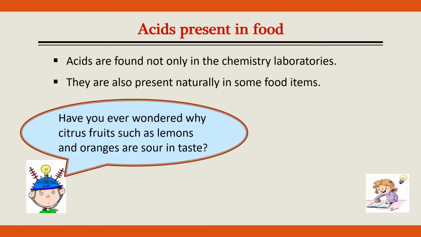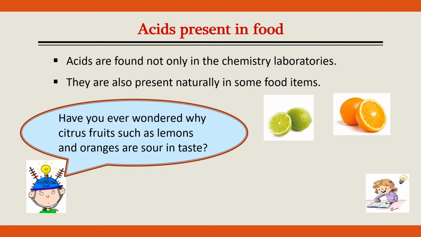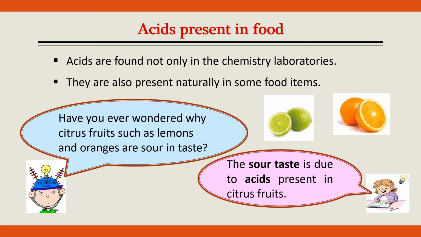In fact, have you ever wondered why citrus fruits such as lemons and oranges are sour in taste? In fact, the sour taste is due to acids present in citrus fruits.